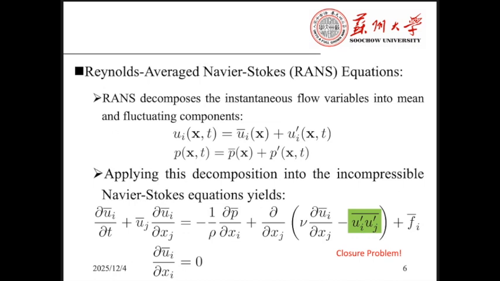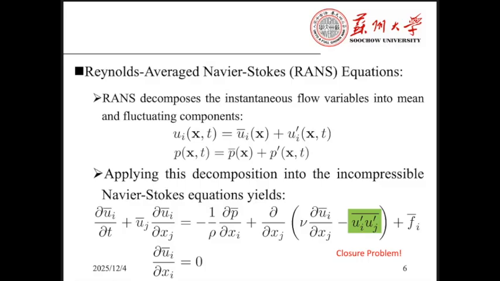So ui equals ui bar plus ui prime, p equals p bar plus p prime. Applying this decomposition into the incompressible Navier-Stokes equation introduced before yields this averaged Navier-Stokes equation.